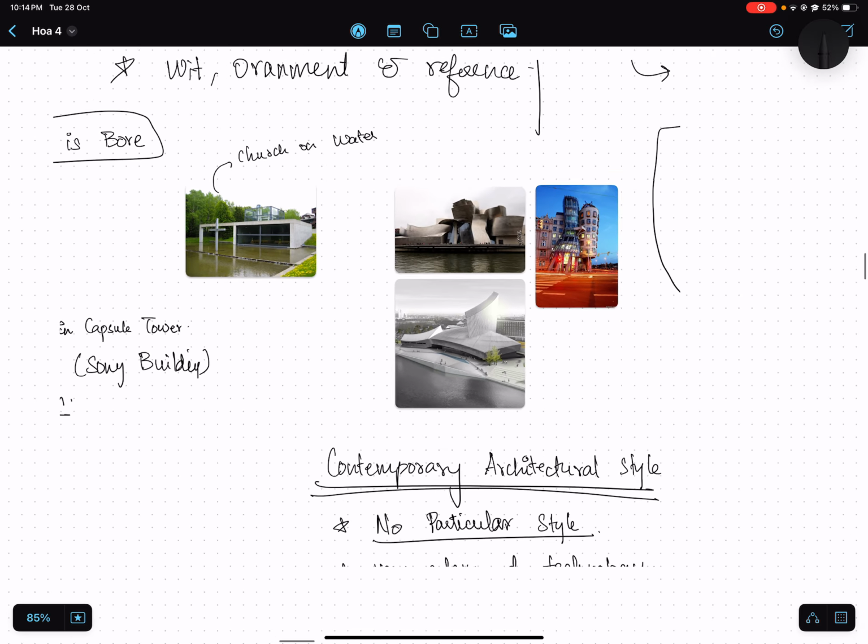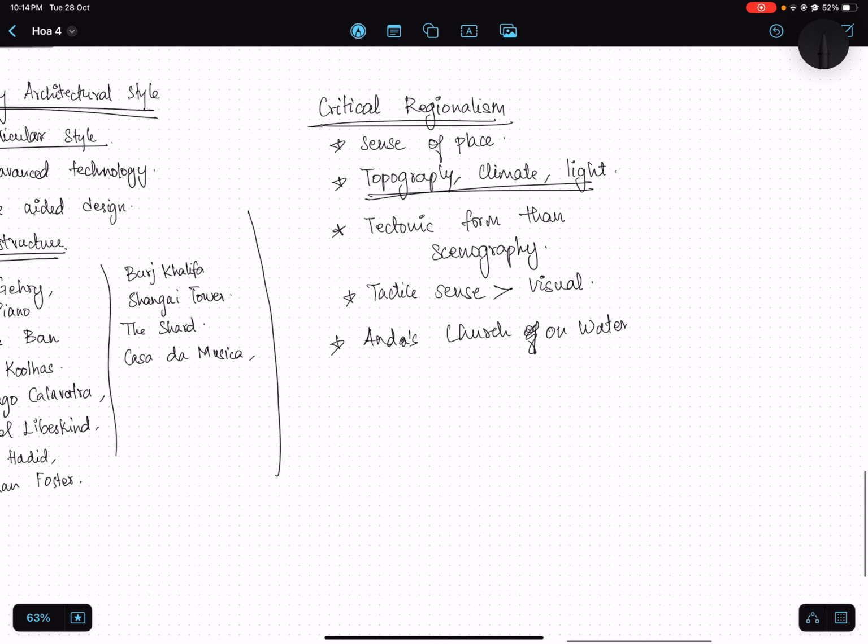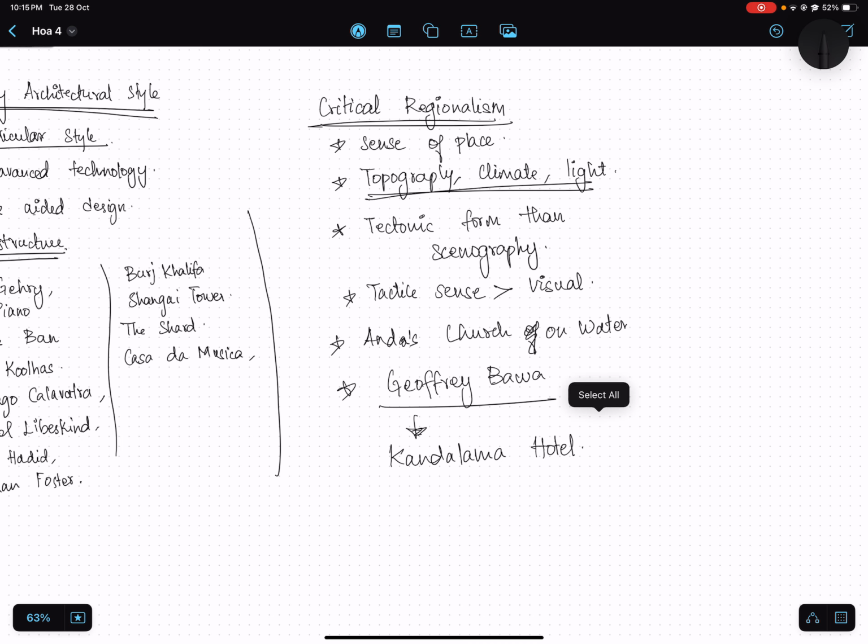And another architect that I would like to mention is Geoffrey Bawa. His Kandalama Hotel, or even his own house in Lunuganga, all those are classic examples of critical regionalism.